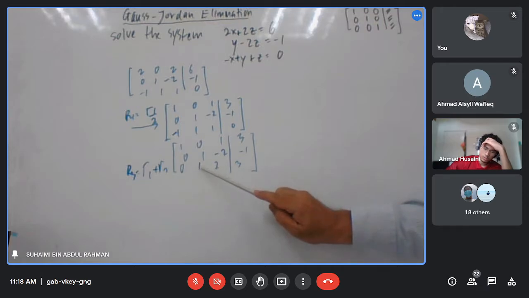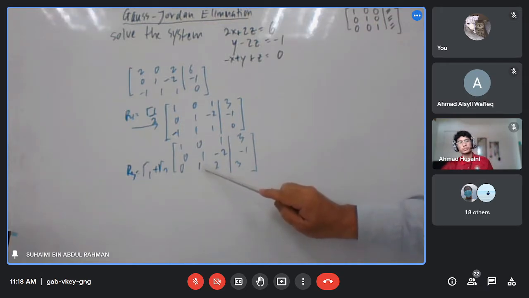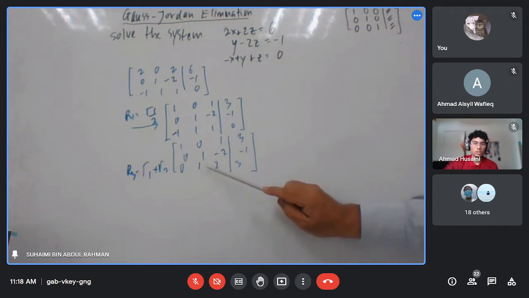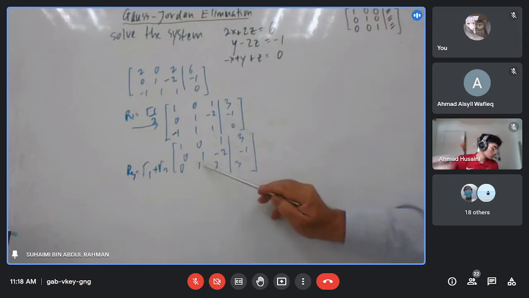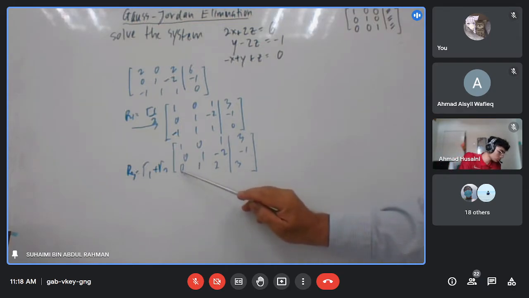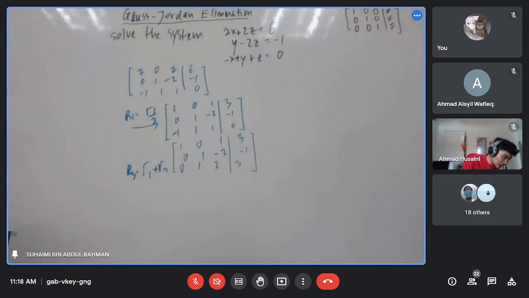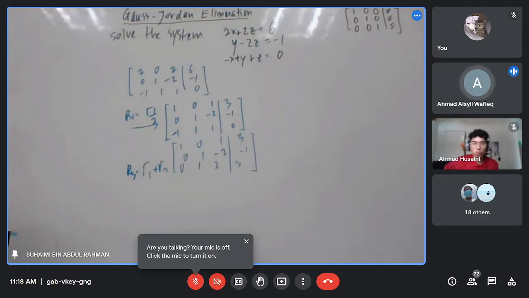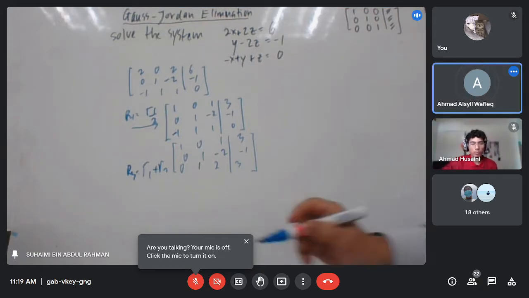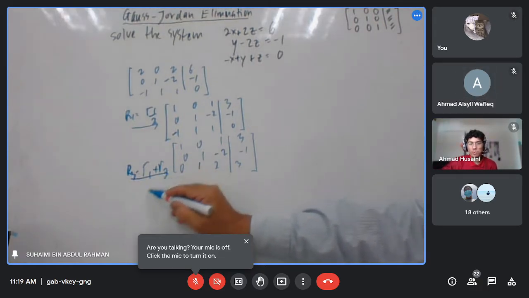Then we want to make 0 here, and at the same time we want to keep this one as 0. Row 2 minus row 3. So what do we have to change?